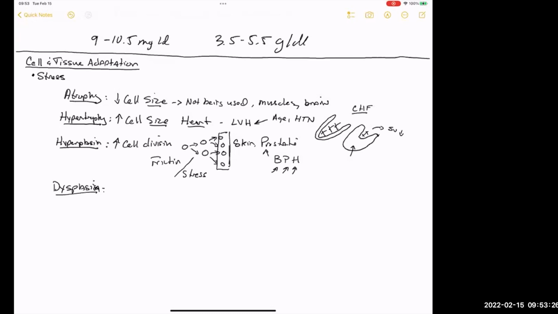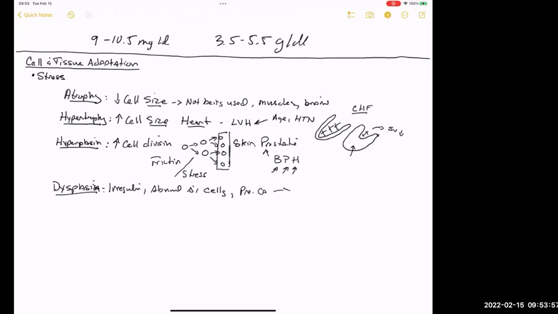Essentially what you get is you get irregular or abnormal changes in these cells. All right, that's dysplasia. So it's abnormal, it's irregular. All right. And oftentimes this can actually be what we call precancerous when we have dysplasia occurring.